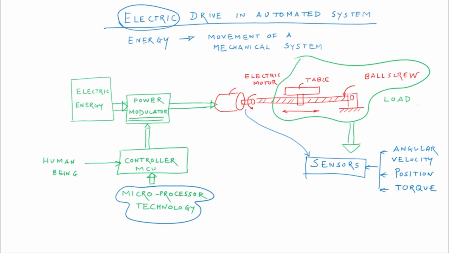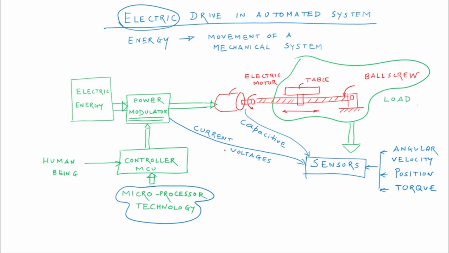So eccentricity in rotation will create vibration. So either you can use the capacitive based sensors or the acoustics based sensors to monitor the health of the electric motor. From the power modulator, we are getting the input in terms of current and voltages that are being used.